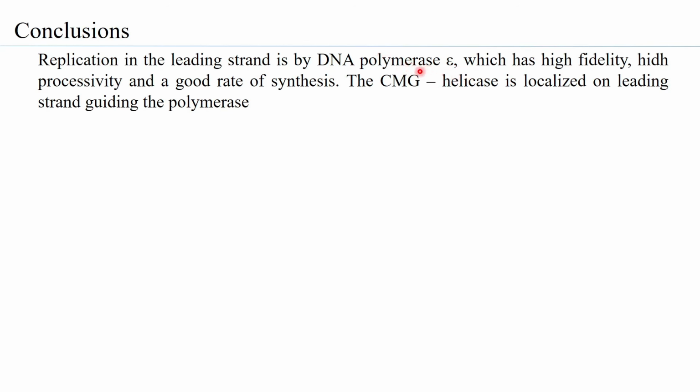But DNA polymerase epsilon is known to have very high fidelity and high processivity, and of course a good rate of synthesis. It is able to add 250 nucleotides per second.